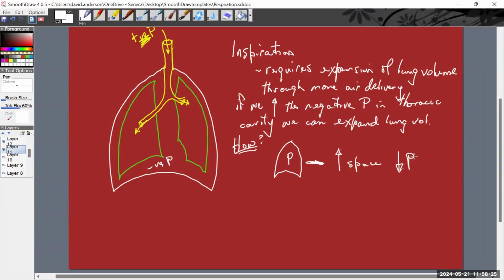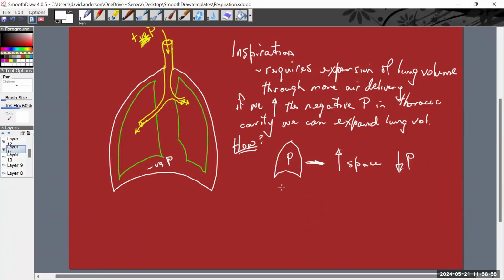Okay, and again, we can sort of use the analogy of a balloon. When you blow air into a balloon, you're increasing space, and there will be pressure. But our balloon's not a good example. I started to think that was going to give us a good example, but that's a different dynamic as far as things go. So we're going to go back to just looking at this space here. If we increase the space, we're going to decrease the pressure, okay?